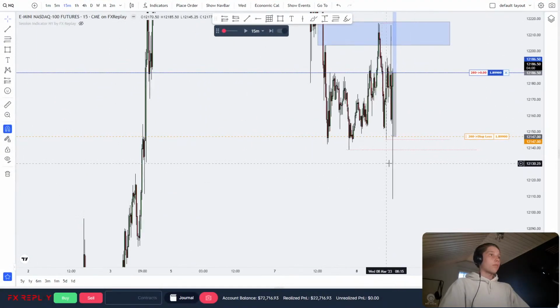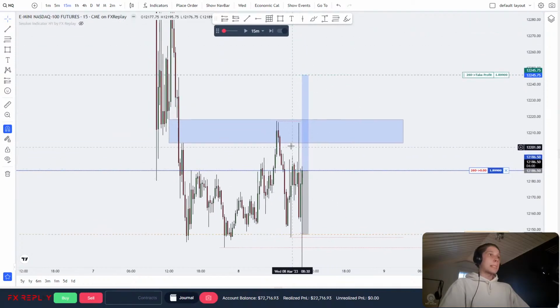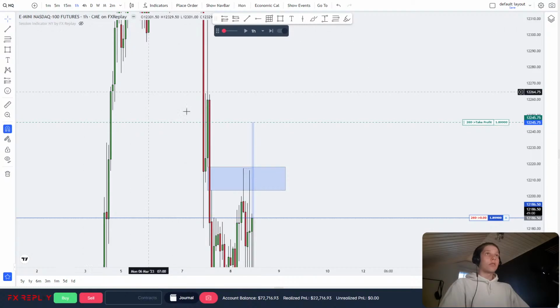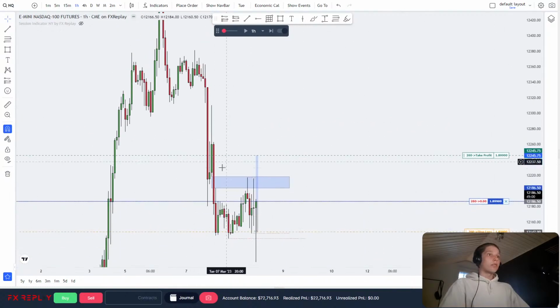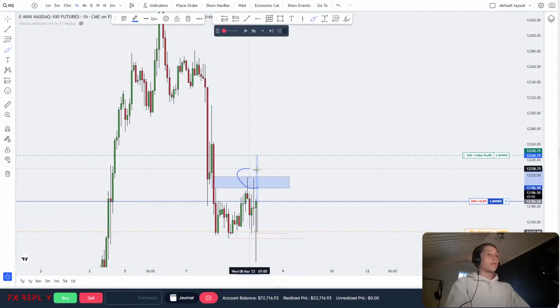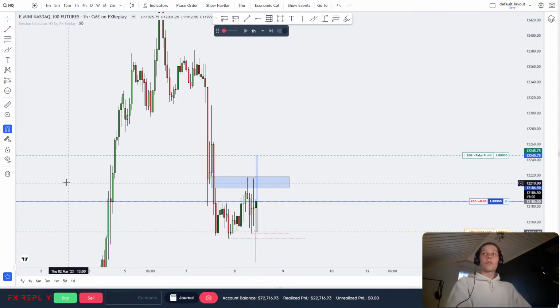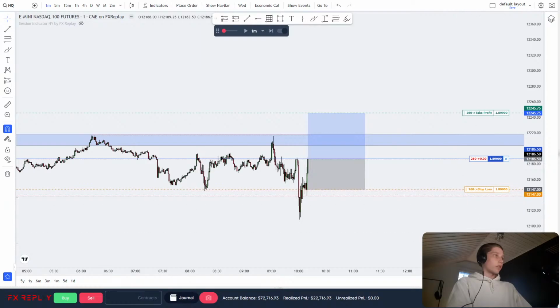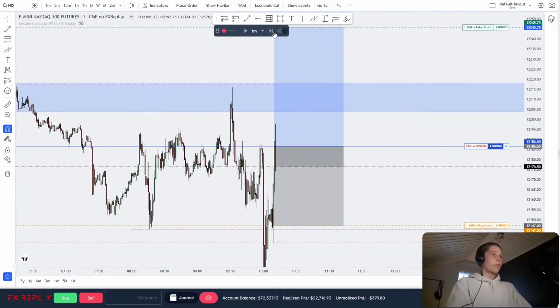This is pretty much a nice sweep. Let's look back in the range. So there's an order block which could end up rejecting, but I think these highs are going to get induced. So yeah, we got the order ready.